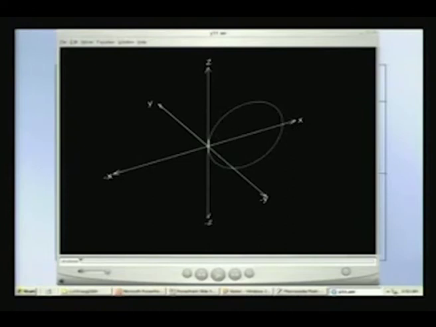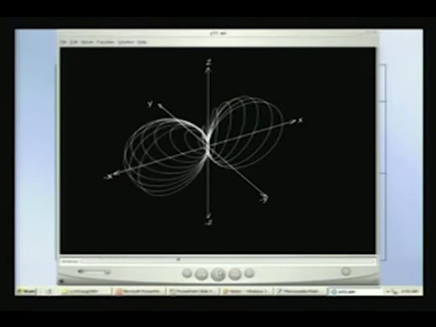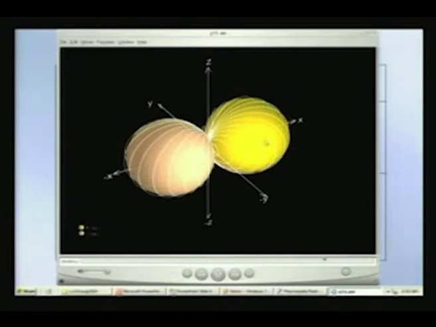Therefore you are going to multiply this function by cos phi for every value. When you do that, what do you get? Now that is the plot you will get.